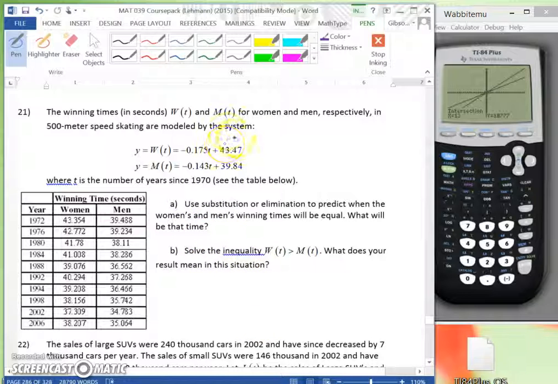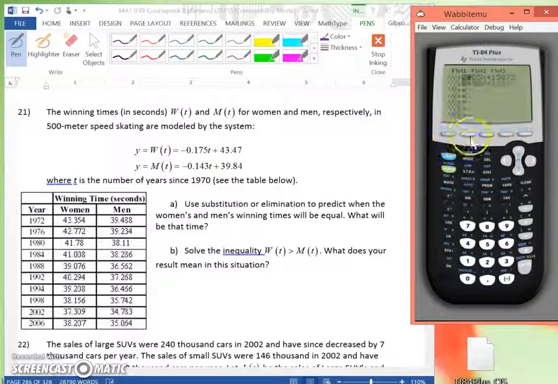Now, basically what they're asking you to do is take the system of equations here, and then we will have Y is equal to this, so we could put this in our calculator. Put both of these equations in, so we have negative 0.175X plus 43.47.